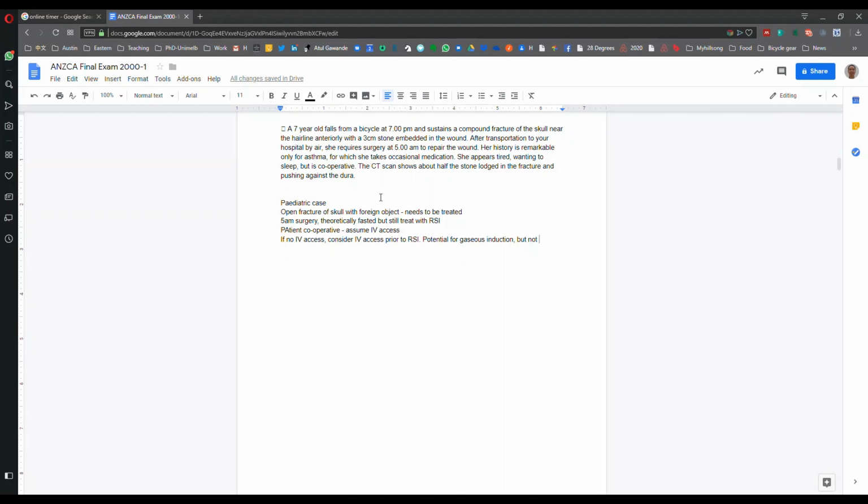The patient is cooperative, and given that they've been transported by air, I presume that they have IV access, but if there is no IV access, then I would strongly consider obtaining intravenous access prior to performing a rapid sequence induction. She will also require intravenous access for antibiotic cover.